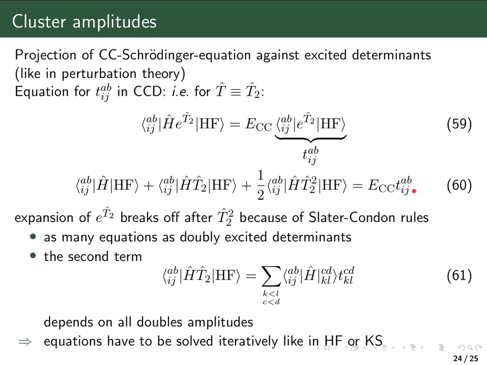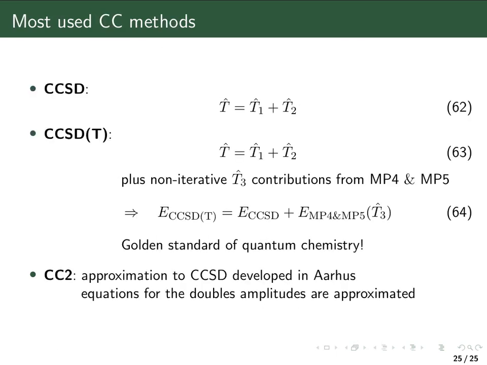These equations here for the double amplitudes, in the CC2 model one has made some approximations. And one of the approximations, for example, is that this term is neglected. Now, what are the most used coupled cluster models?